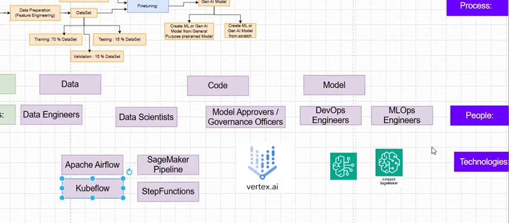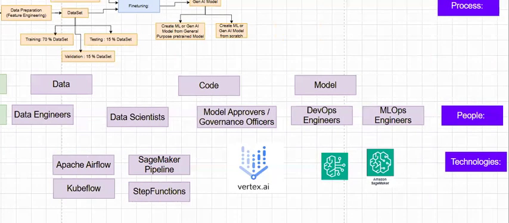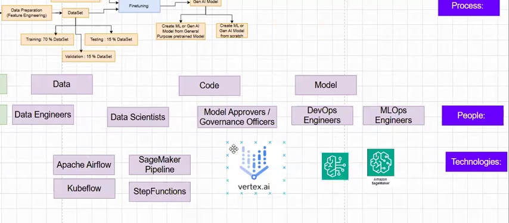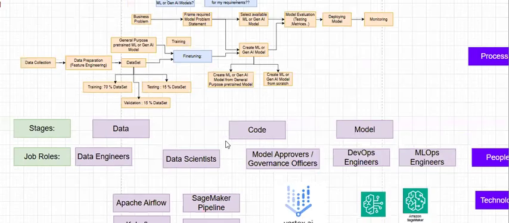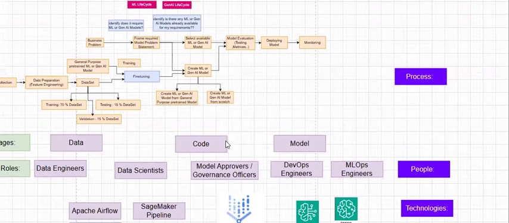So we have multiple open source options as well as premium technologies provided by famous cloud providers. We need to choose any one of these, and we can implement this ML lifecycle.